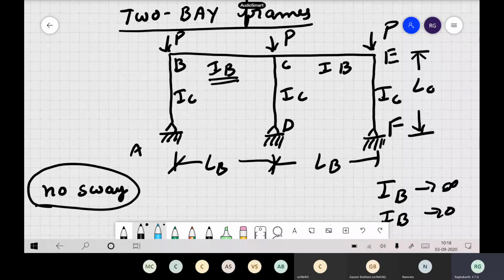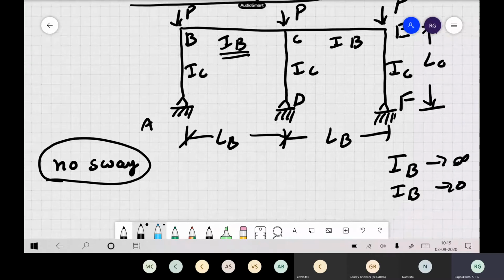IB is 0, so that means the beam doesn't have any stiffness at all. But there is no sway; sway is not allowed. So what will be the boundary condition? Below here, it is simply supported.